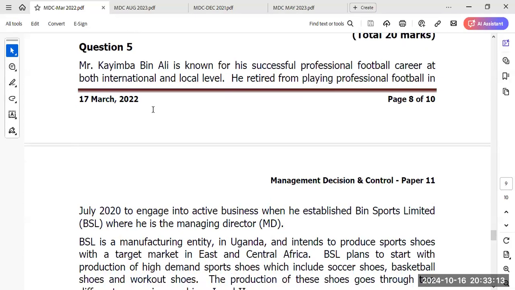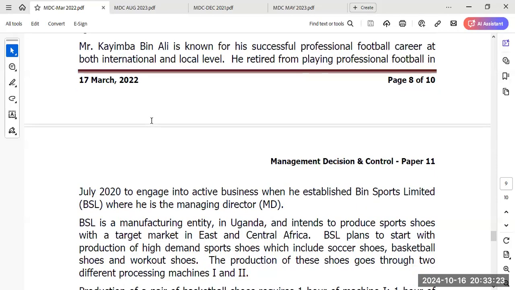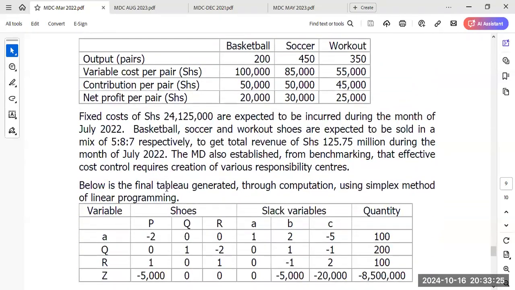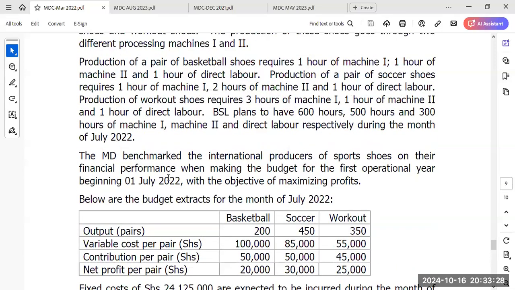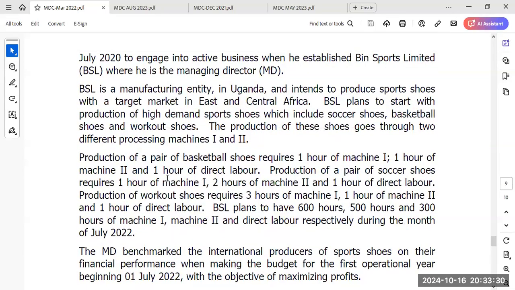Then second time, make sure that you're trying to answer the question. Don't keep on reading the case study, you will waste a lot of time. Because you know the required part, first have the picture of the case study. Then the second time you're reading, make sure that you're noting down.